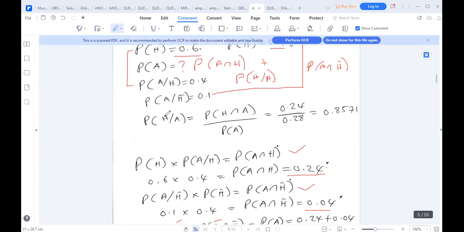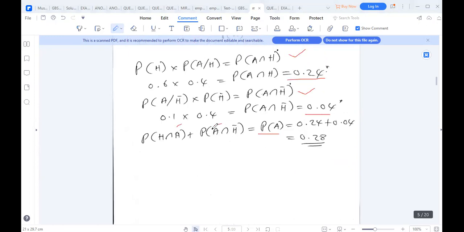Now, how do I find the probability of H given A? The A comes down, they intersect, H intersection A. So 0.24 over 0.28, we get 0.875. So that is how we compute the intersection.